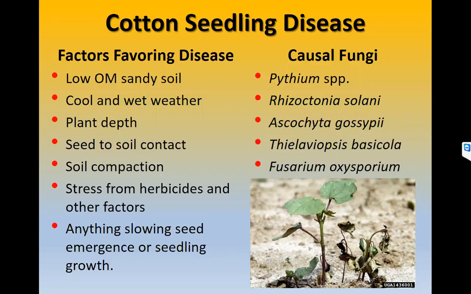And a newer issue that's coming into play is the Fusarium oxysporum, which is associated with Fusarium wilt in cotton. Apparently, there are some isolates of this fungus that are coming into play as causing a root rot in emerging cotton.